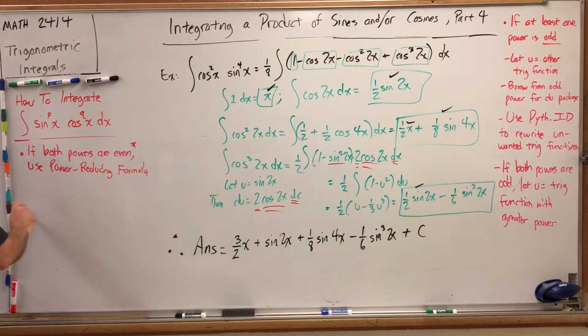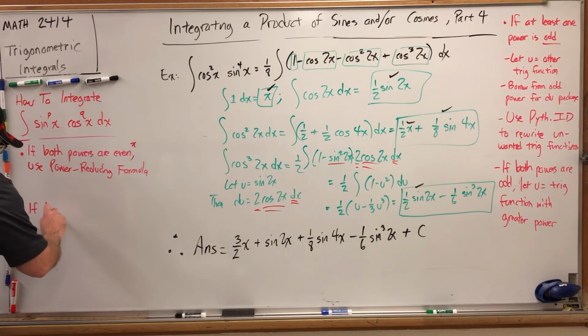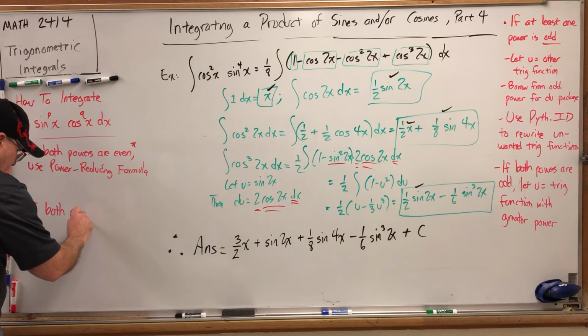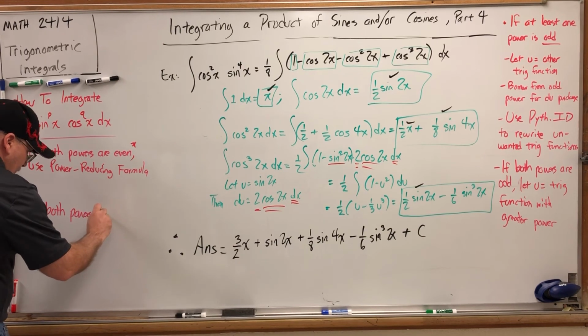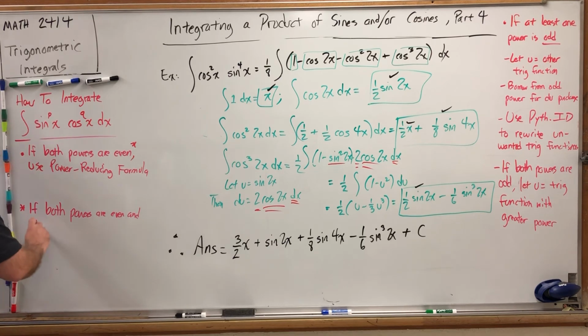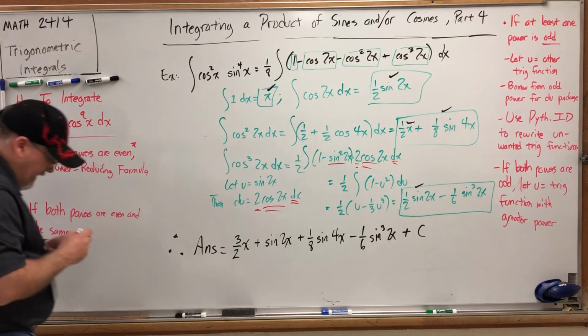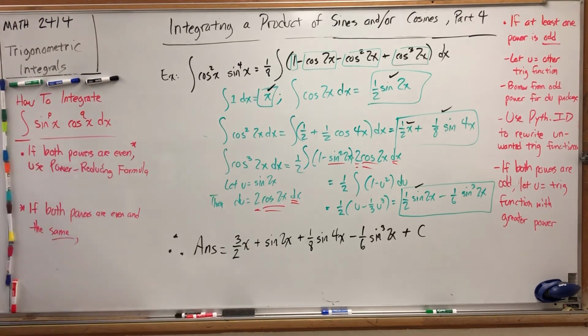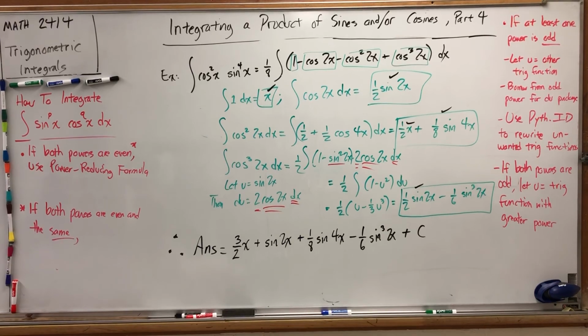So we'll just make that an asterisk and say if both powers are even and the same, and in the next video I'll show you a little trick that you can do to integrate that. But again, the trick doesn't have to be used because you can just do what we just did here and then buckle up because it's going to be a bumpy ride.